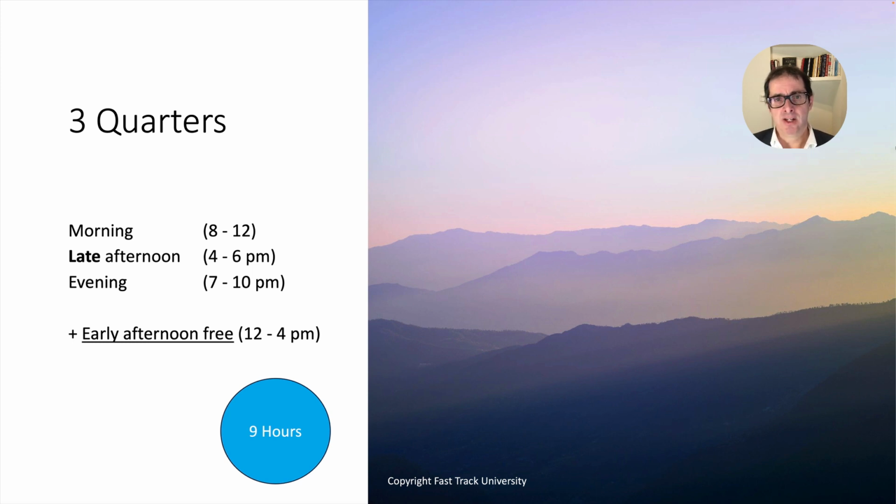So this is more like an energy measurement approach, versus the first one, which is more like a time measurement approach. I found this very helpful. That might be helpful to you as well. If you have this afternoon dip, that's something to keep in mind, something to reshuffle your day a little bit. The downside is that your evening is more dedicated to studying versus social activities, for example, but you swap it with the early afternoon.